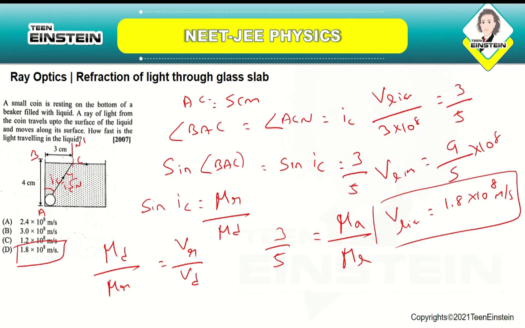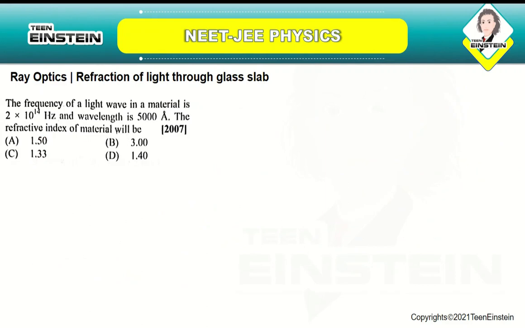Let us now move on to the next question. The frequency of a light wave in a material is 2 into 10 power 14 hertz and the wavelength is 5000 Angstrom. The refractive index of the material will be. Here the frequency of light does not change with the change in medium.